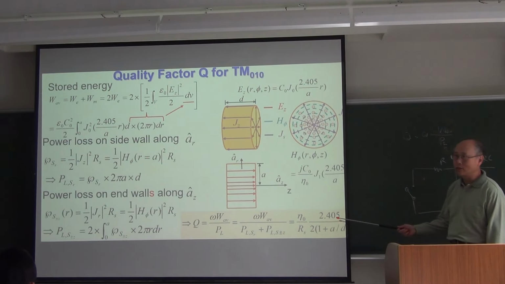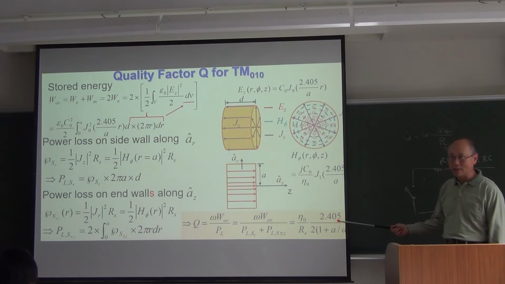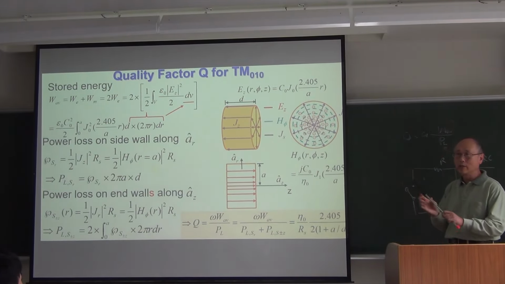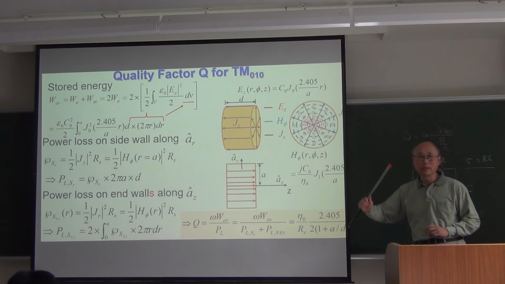Once you have the capital Q, you know how good this cavity can store energy. Okay, and then you know how well you have to control the excitation frequency so that the energy can be deposited inside.